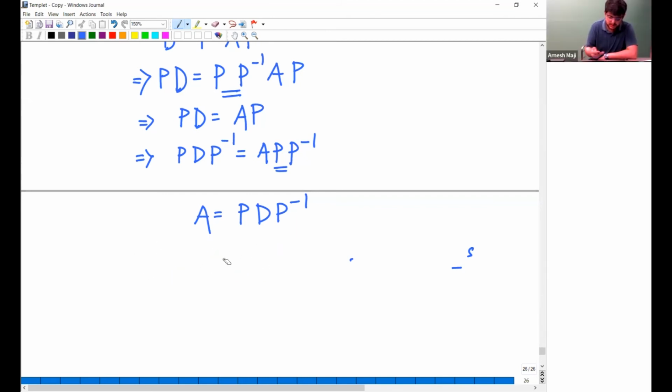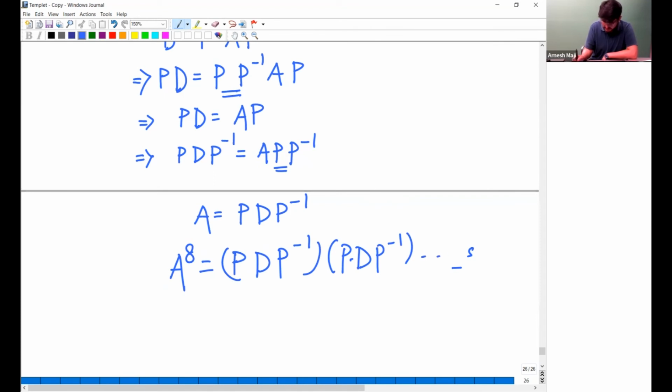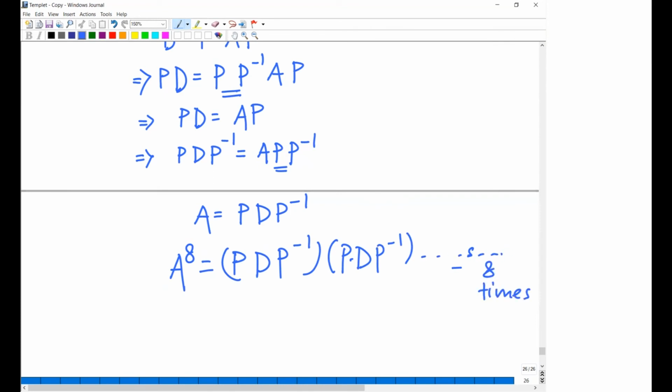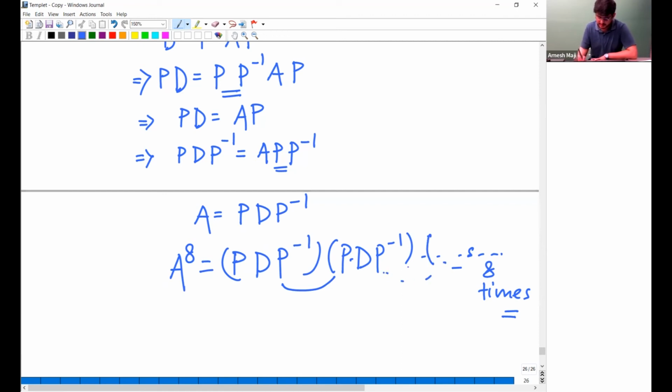Instead, we can write this in this form, 8 times. This will make an identity. Similarly, there will be another term multiplied with P inverse, which will be an identity.